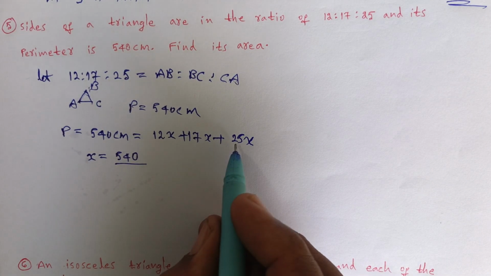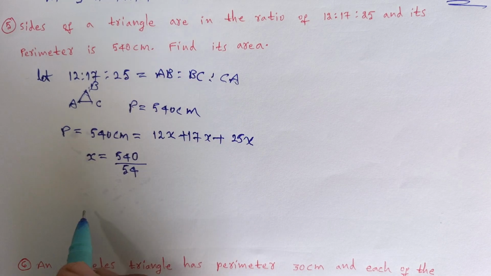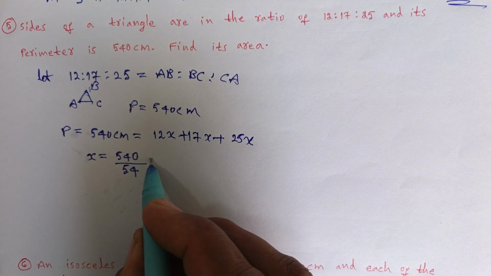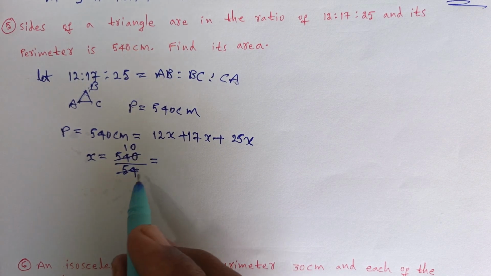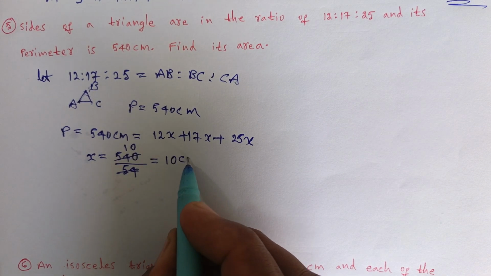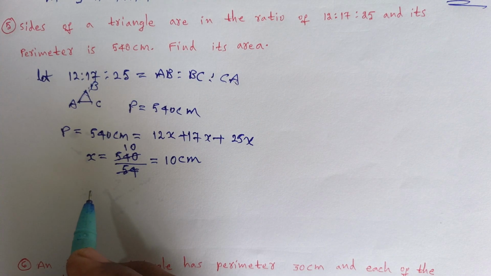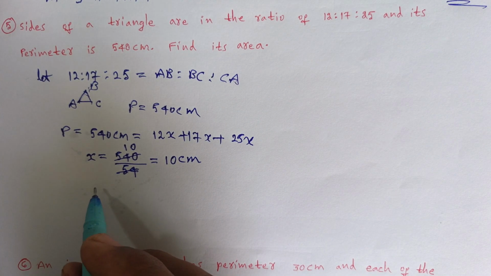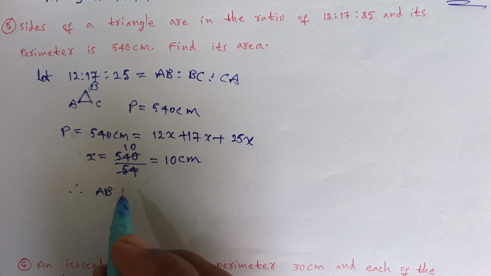Sum of 12 plus 17 plus 25 is 54, and if you transpose to the other side it becomes divided by 54. So 540 by 54 is 10. So this is the value of x. Now let's calculate the exact values.